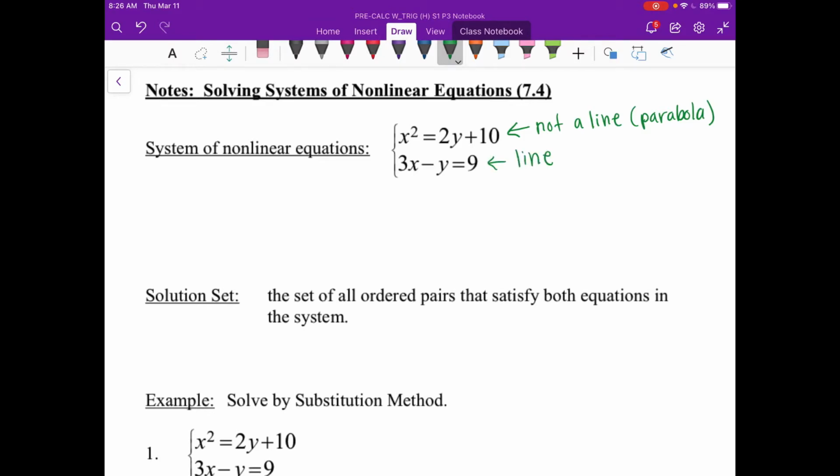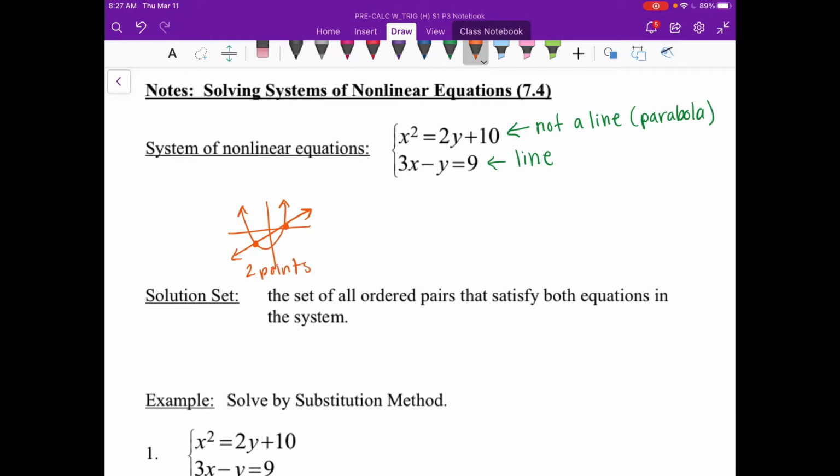So in case we have a parabola and a line, we have three possibilities. In this case, we could have the parabola and the line intersect at 2 points, and this would be two solutions.